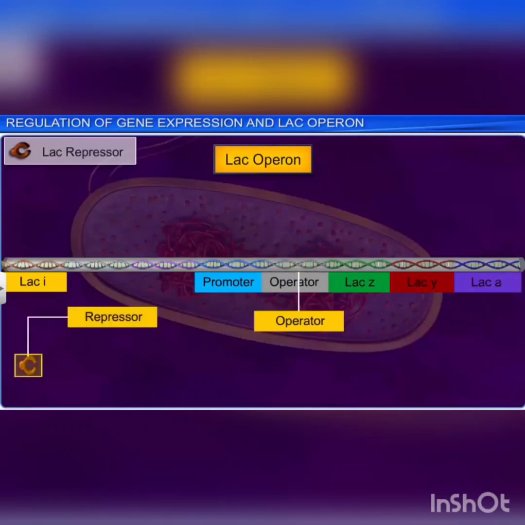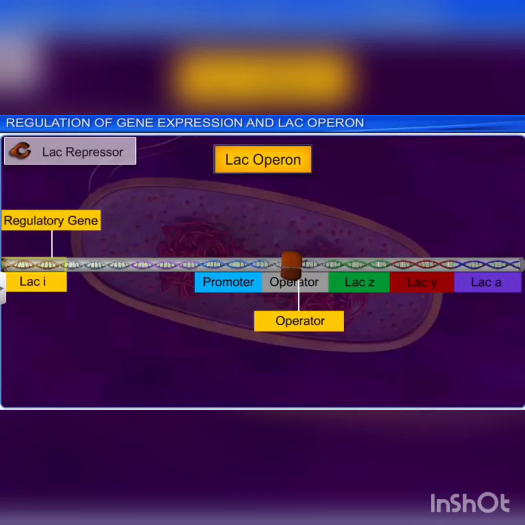For example, the lac operator is present only in the lac operon and it interacts specifically with the lac repressor. The lac operon consists of one regulatory gene, or I gene, and three structural genes, lac-Z, lac-Y, and lac-A.